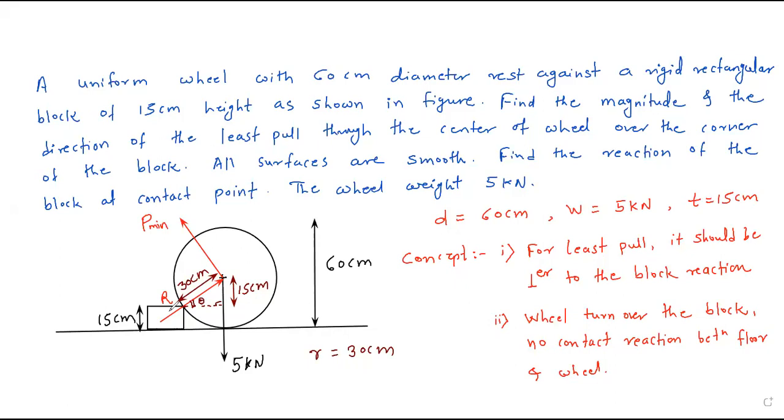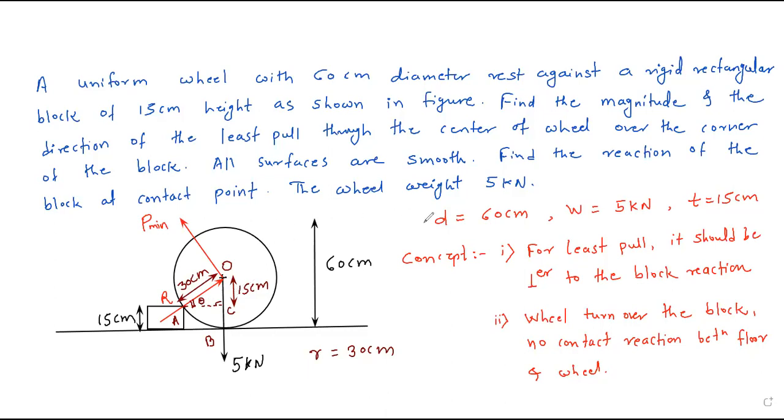To calculate that, consider this triangle. For this, we will give some names to the triangle. Suppose this is point O, this is A, this is point C, and call this point B. In triangle OAC, this is the 90 degree, so this will be your hypotenuse. 30 centimeter is your hypotenuse, and the 15 centimeter is the side opposite to theta.